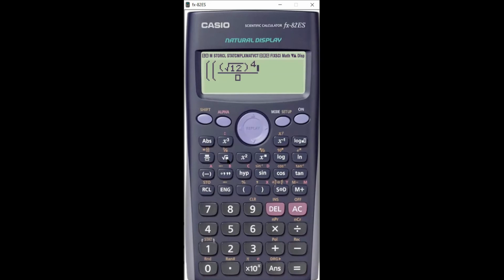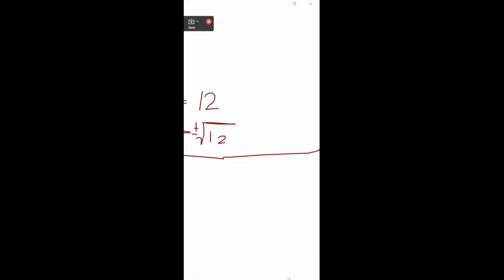Then I divide that by 4. Then I subtract. This was 12x squared over 2, which is just 6x. So it's 6 times the root of 12 squared. Then I close up that bracket. Negative 36. So I get negative 36, Marika.